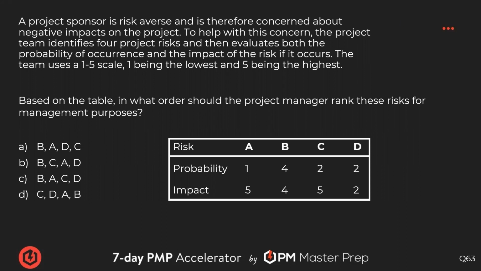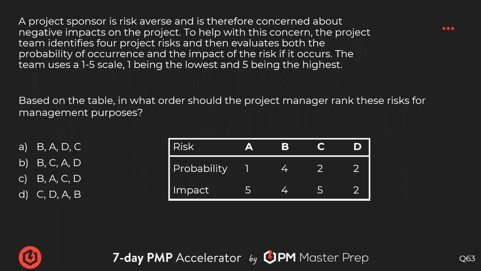The project sponsor is risk averse, really concerned about all the negative impact rather than the value it's going to bring. To help with this concern, the project team identifies 4 project risks, and then evaluates the probability of occurrence and the impact of the risk if it occurs.